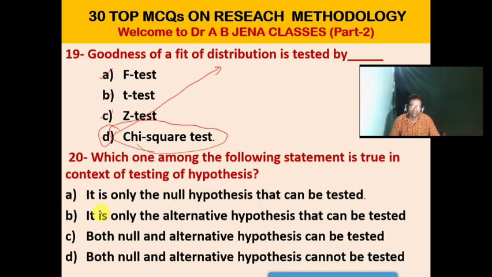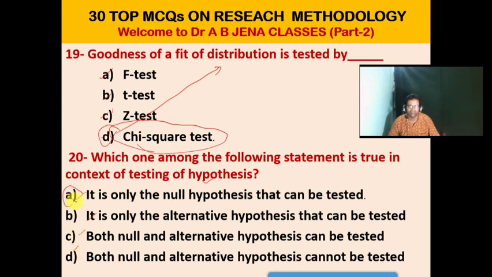So next one MCQ, which one among the following statements is true in context of testing of a hypothesis? A, it is only the null hypothesis that can be tested, B, it is only the alternative hypothesis that can be tested, C, both null and alternative hypotheses can be tested, D, both null and alternative hypotheses can be tested.